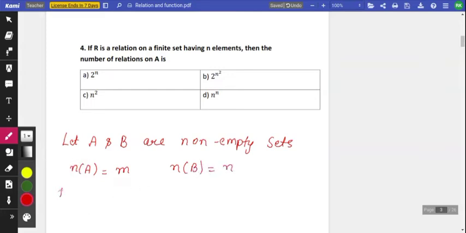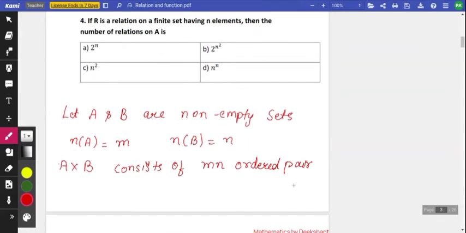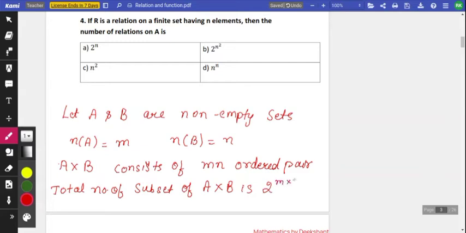Then the Cartesian product of A and B consists of m multiplied by n ordered pairs, and the total number of subsets of the Cartesian product of A and B is 2 to the power m multiplied by n.